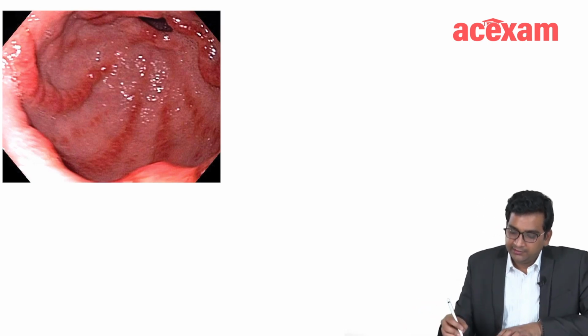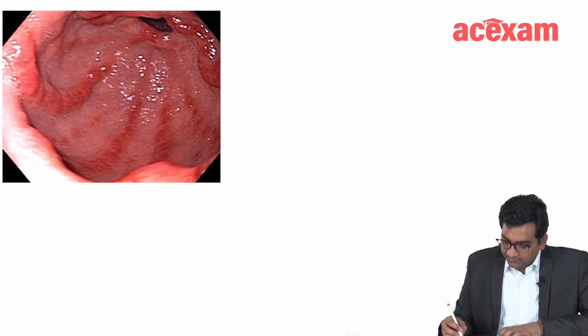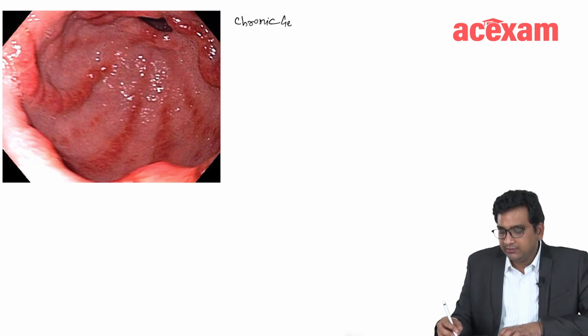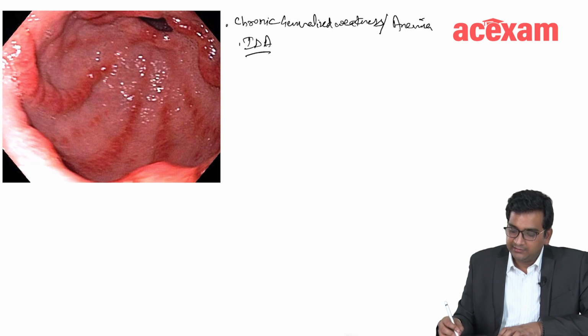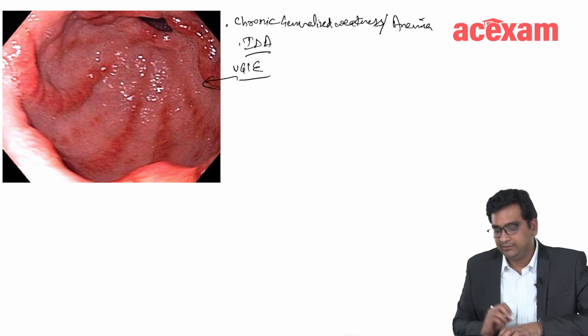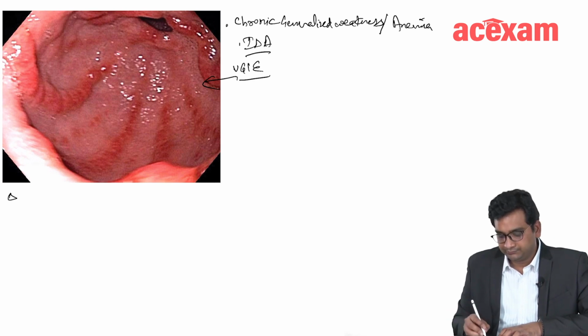Now, next topic, what is this finding? Now there is a patient who is presenting with chronic generalized weakness or features of anemia. On evaluation, there is iron deficiency anemia, and on upper GI endoscopy, we see this kind of finding. What is the diagnosis?